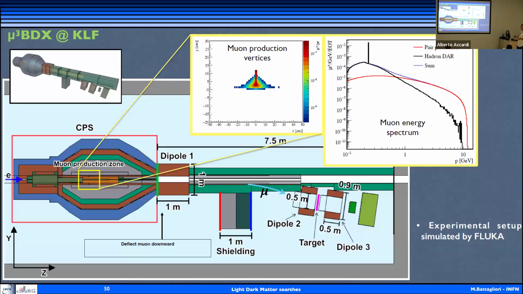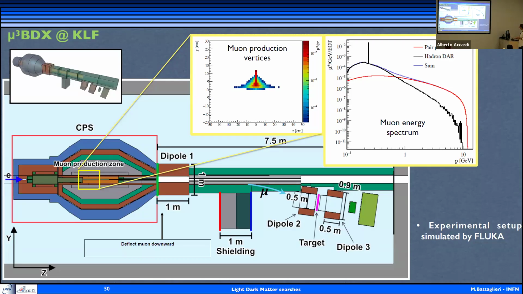While the gammas go straight, here you put a dipole, a magnet, and then you bend the muons into an area that you instrument with two dipoles, just a tracker. You measure the muon coming in, you measure the muon coming out, and you see if there is any significant missing momentum.